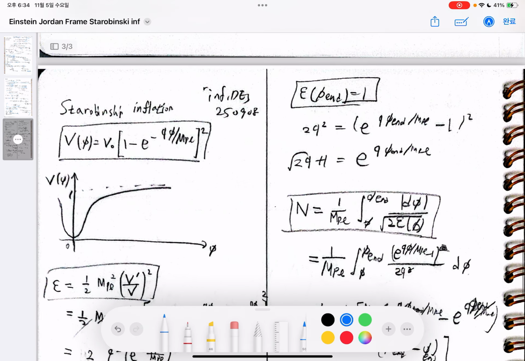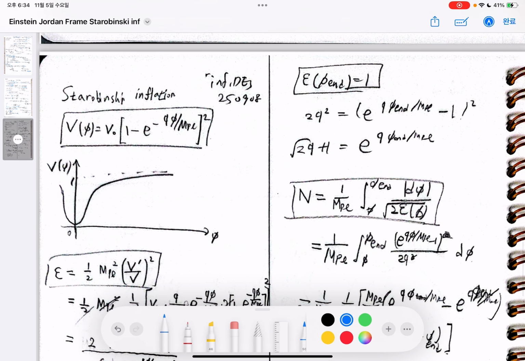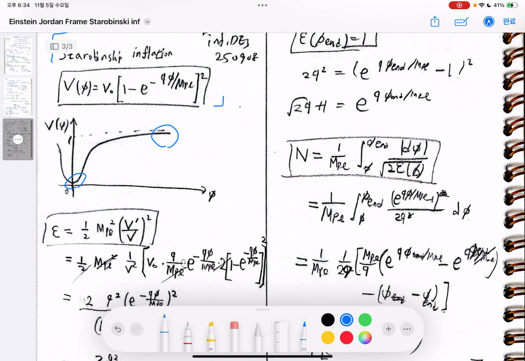Now I want to turn to the inflation picture, especially Starobinsky inflation. We can calculate several quantities of the inflaton scalar dynamics in this model. So again, the potential form is given like that. For large φ, the potential is very flat, and near zero there is a minimum.